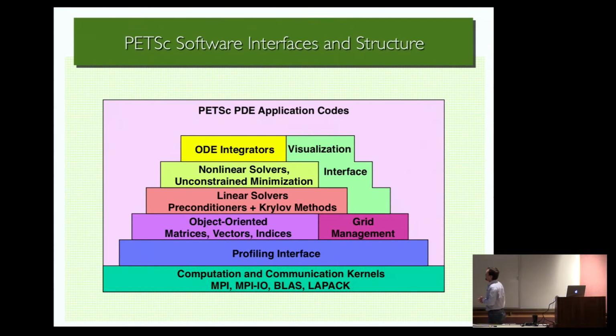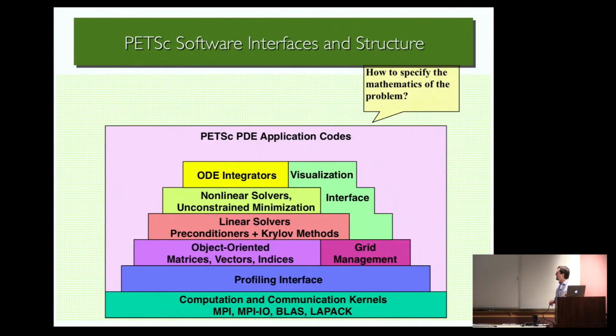So this is the structure of PETSc. It is a bit of an eye chart, so I decided to annotate it. Your outer layer here is the broader question: how do you specify the mathematics of the problem that you're trying to solve? Now, very much like Cactus and the question you were asking earlier, in order to get inside of their framework, you need to adopt their data objects.